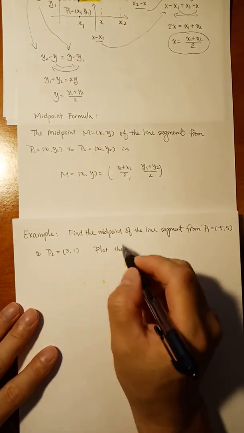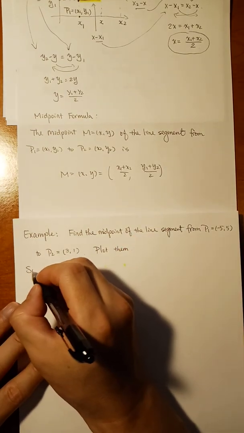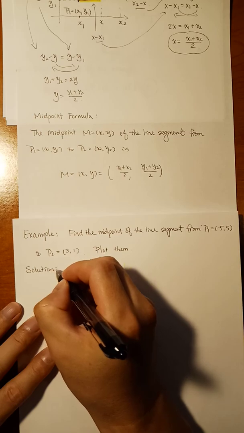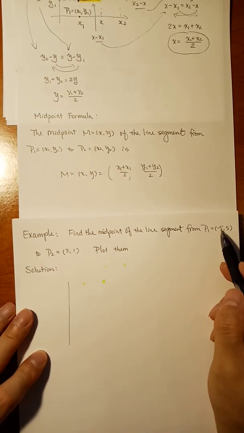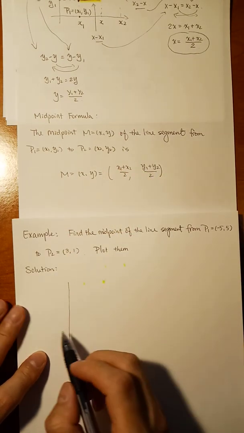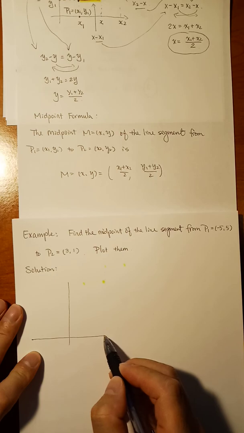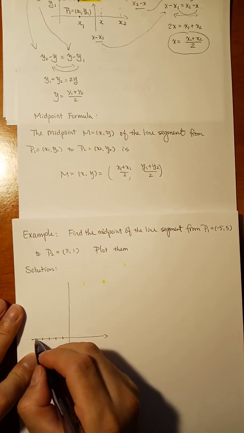If you do not plot them, we don't even care about the coordinates, but later we are going to plot them. So let's draw this coordinate system. We have negative 5, so it's below the x-axis. 3, 1 is above the x-axis. Negative 1, negative 2, negative 3, negative 4, negative 5.